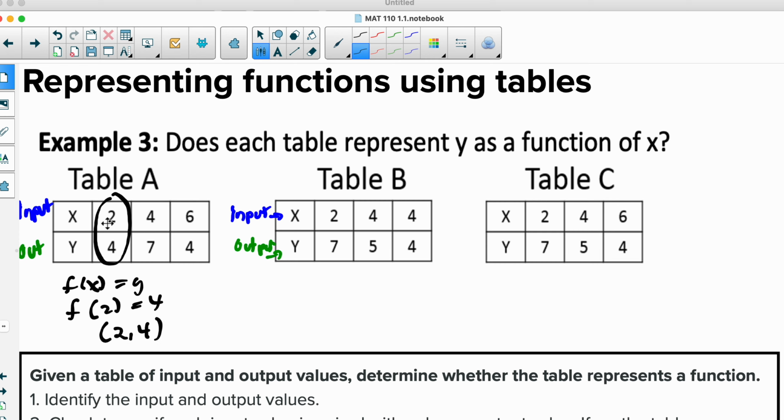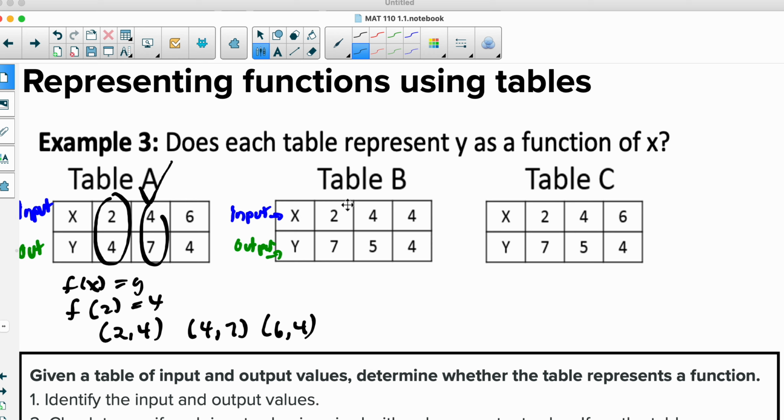Those are all different ways to write this column of my input-output table. So I've got input 2, output 4. Then I've got input 4, output 7 right here. And then I have input 6, output 4. Okay, so I don't have any inputs repeated here. So this is a function.